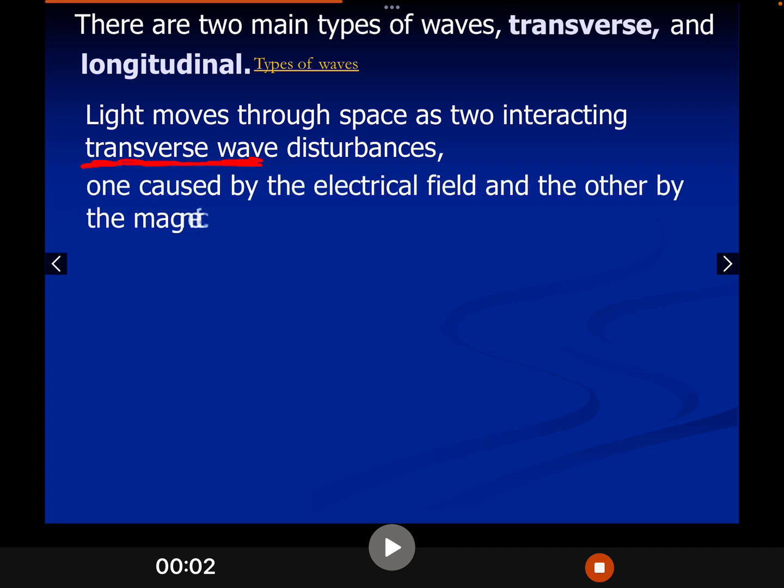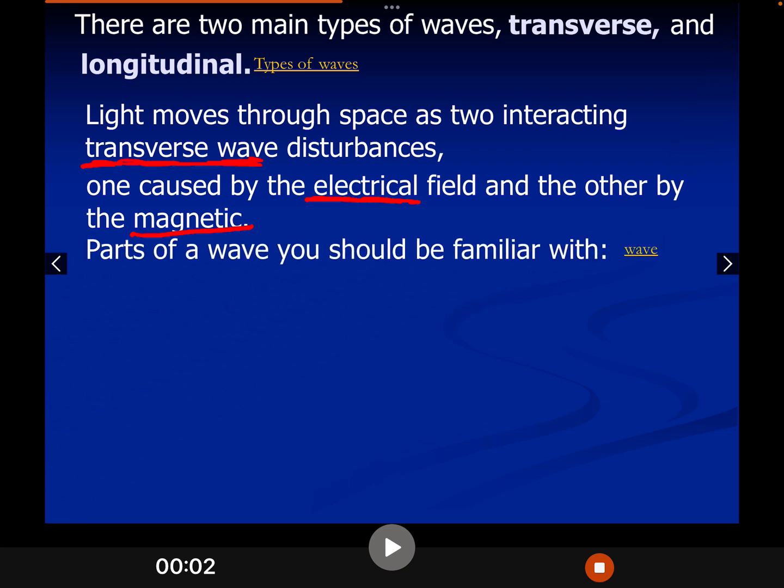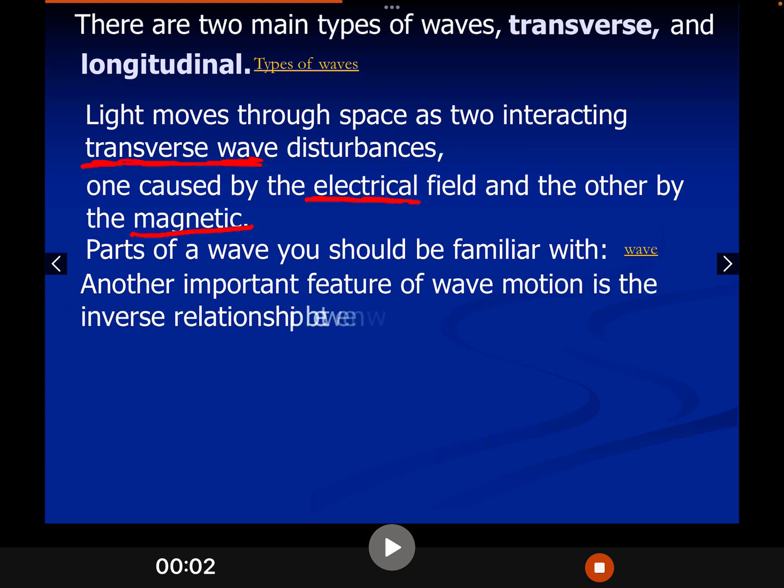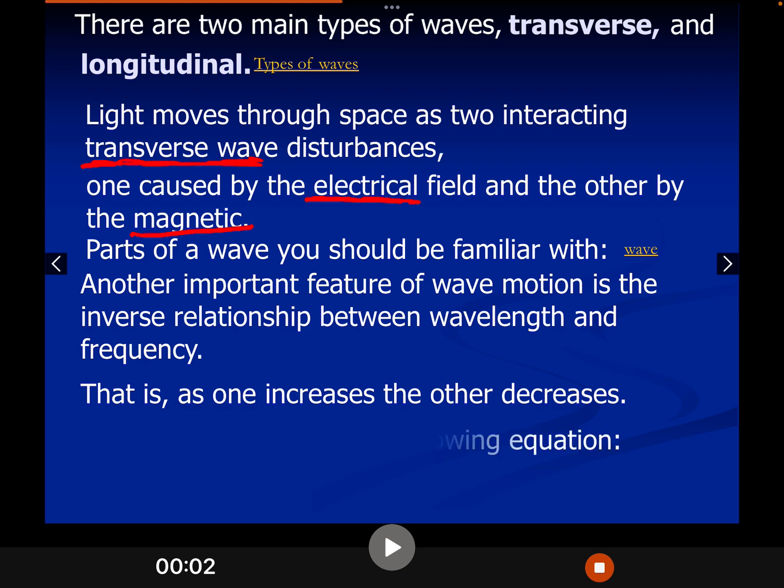One is caused by the electric field and the other caused by the magnetic field. So there's two forces at play here. So the parts of the wave that you should be familiar with, I've got on our next slide. So let's go to our next slide and then come back.